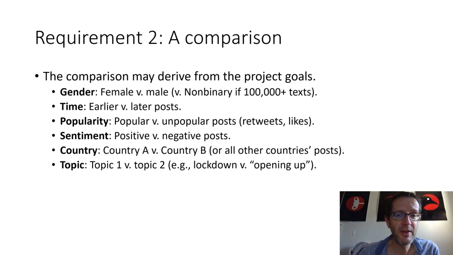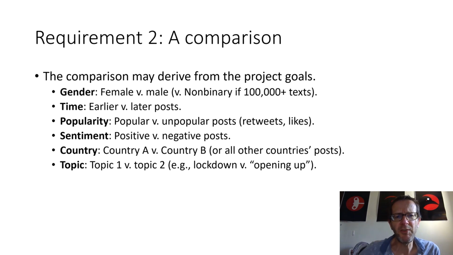Country comparisons: you can compare country A to country B, or country A to all other countries that you have collected data for. So maybe 7 other countries, as in the example we've just seen. And you can also run topic comparisons, so topic 1 against topic 2, or topic 1 against all the other topics in your collection.